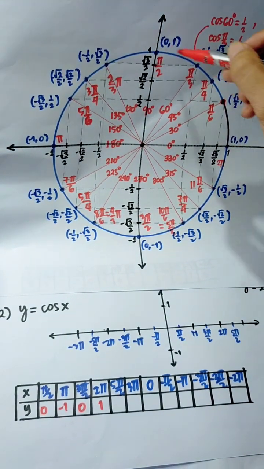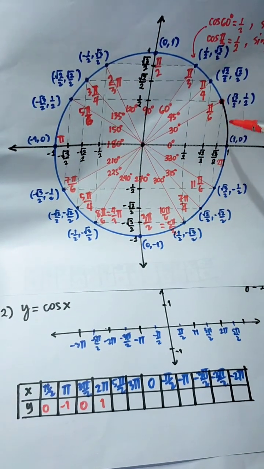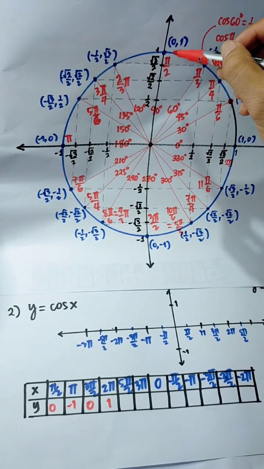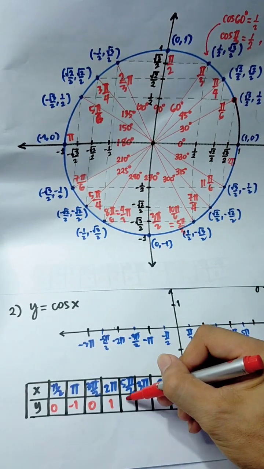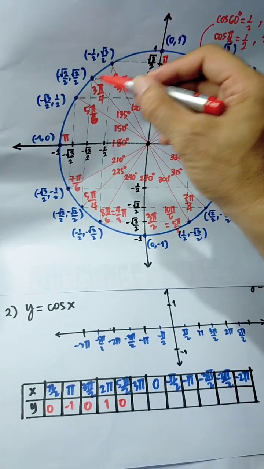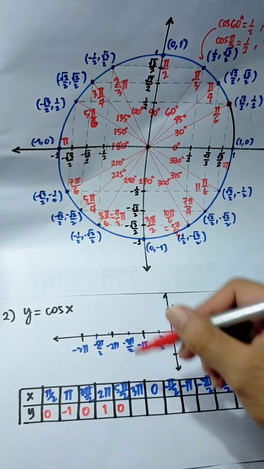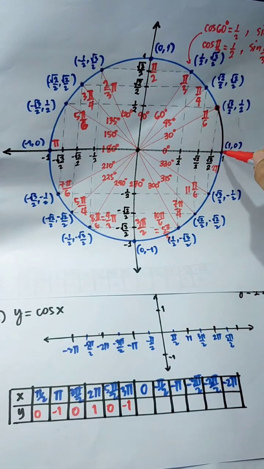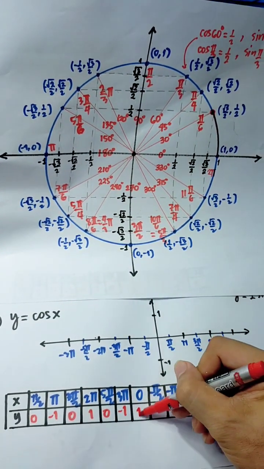This is 1, 2, 3, 4, 5. So that is 5 pi over 2, and our cosine is 0. Then at 3 pi, it is negative 1. At 0, it is 1.